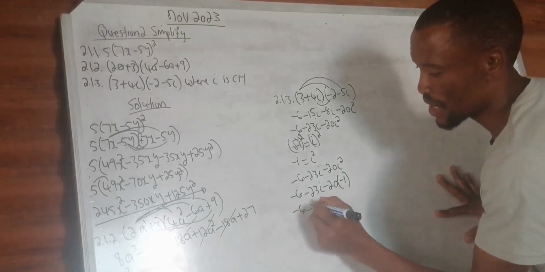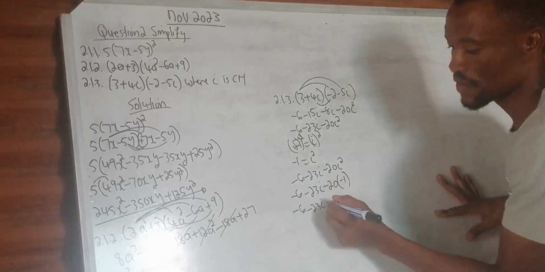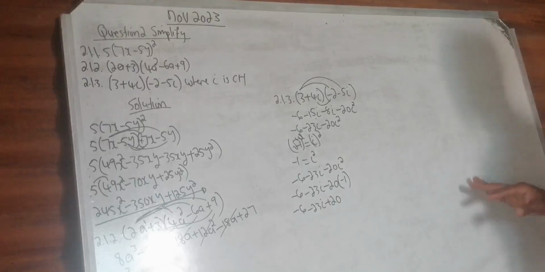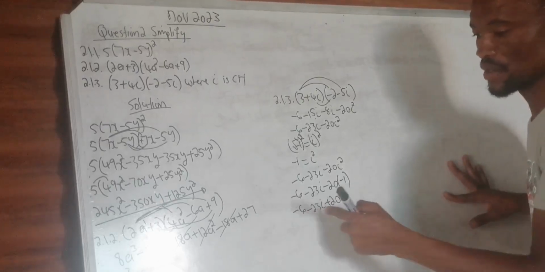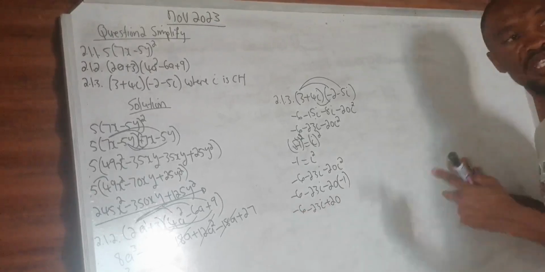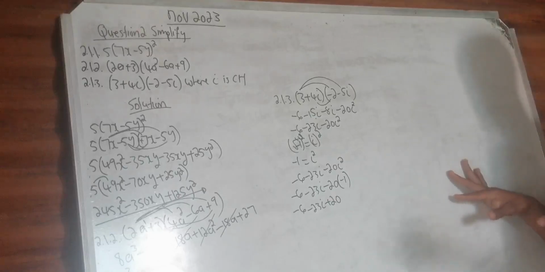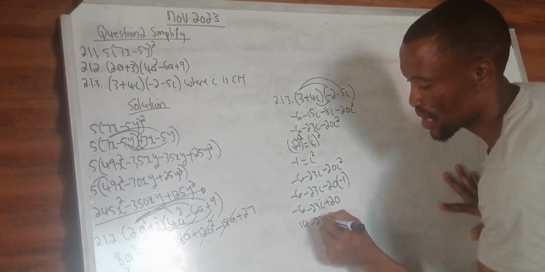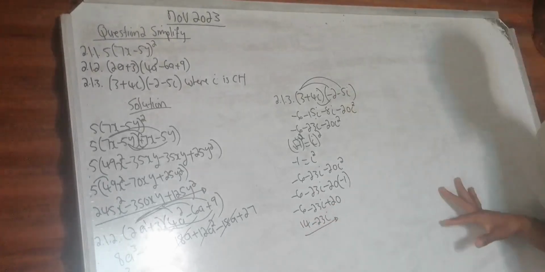Negative times negative gives positive 20. Then from here, get the like terms: minus 6 plus 20 is 14. So 14 minus 23i is your final answer.